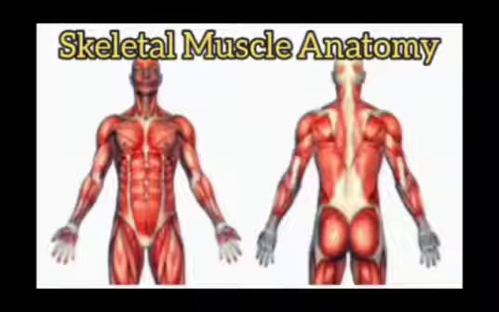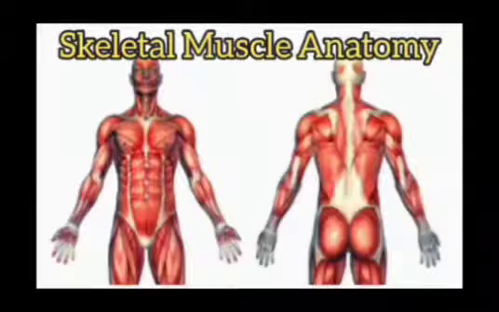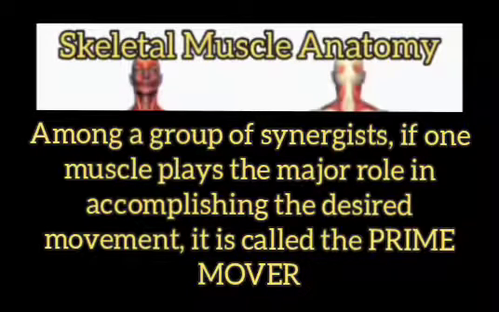Another example of synergists is the biceps brachii and the brachialis working to flex the elbow. So, among a group of synergists, if one muscle plays the major role in accomplishing the desired movement, it is called the prime mover. So, if one muscle plays the biggest part, it is the prime mover.